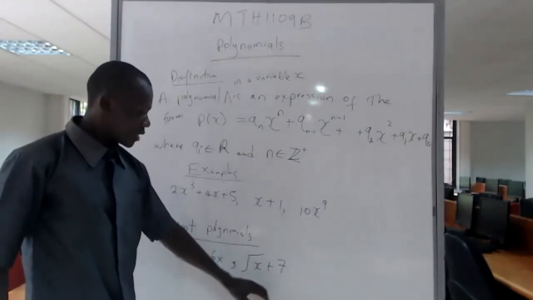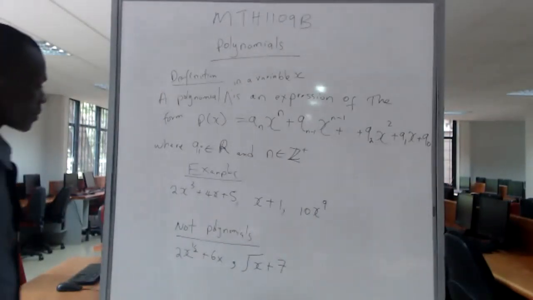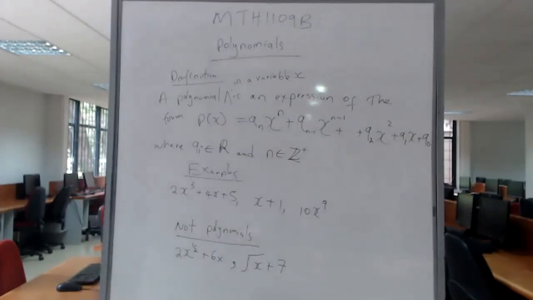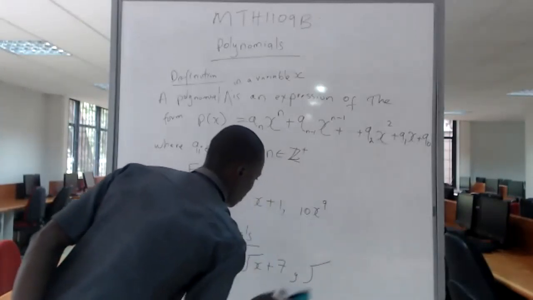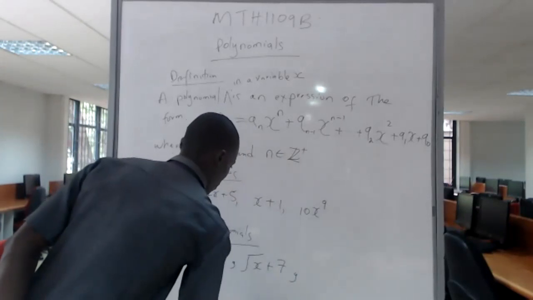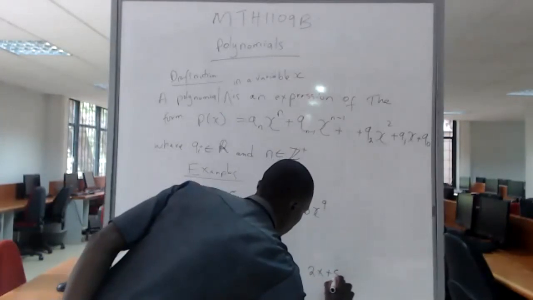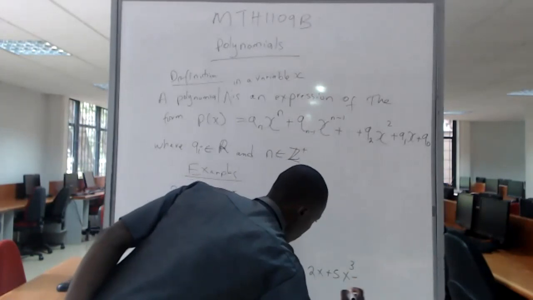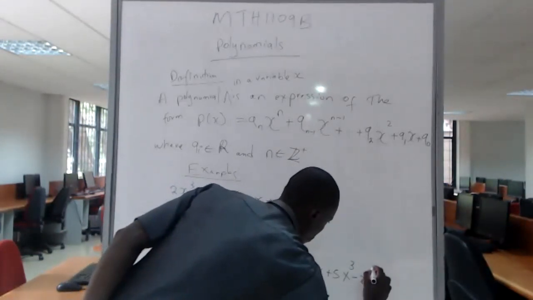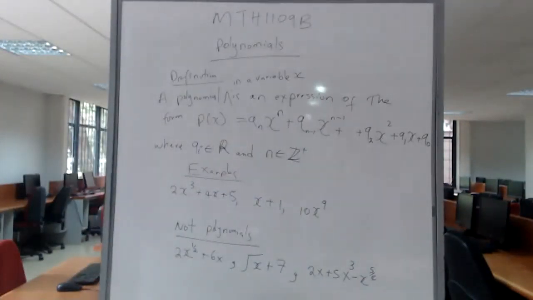It's still the same reason, because square root of x can be written as x to the power of 1/2. Yes. So 1/2 is still not a natural number. Yes, that's true. How about 2x plus 5x cubed minus x to the power 5/4? For the same reason, that will not be a polynomial.